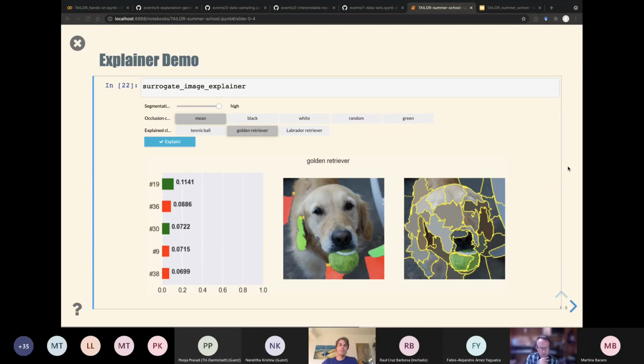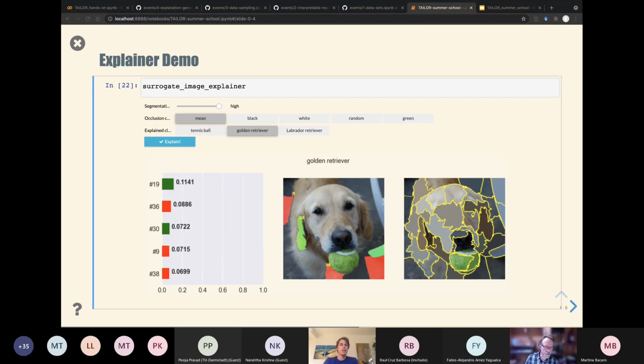Okay, but then I have a follow-on question, because in the binary classification example, we could see that the coefficient was either positive or negative, and that determined whether the bar was green or red. So where does the green or red come from here? Because it doesn't come from the numbers. No, the coefficient itself can be negative or positive in the surrogate linear model.